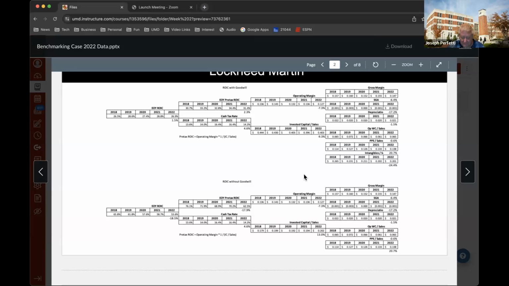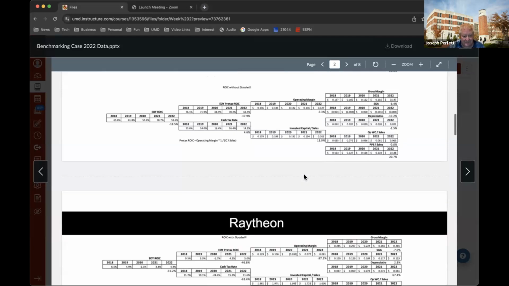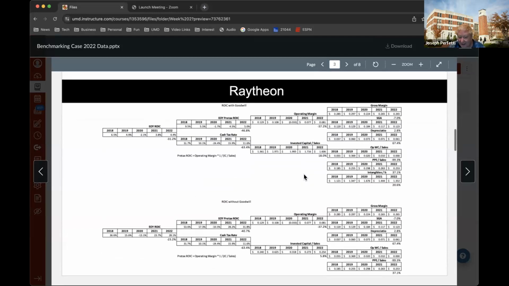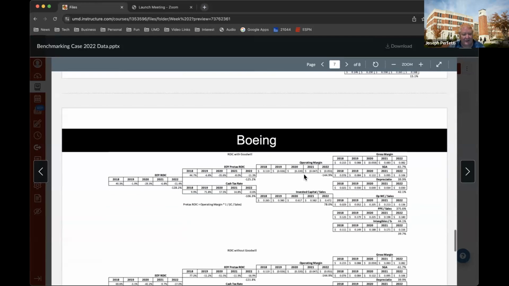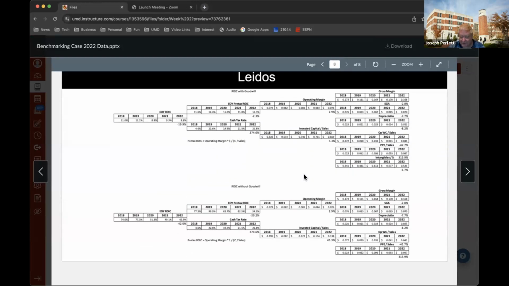In this file, there's data on Raytheon, who renamed themselves last month RTX, Northrop Grumman, General Dynamics, L3, Boeing, and Leidos. Who in this class works for any of these companies? Who do you work for? Adam? Northrop Grumman.